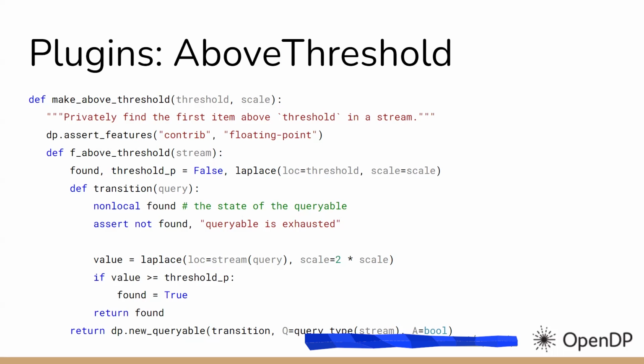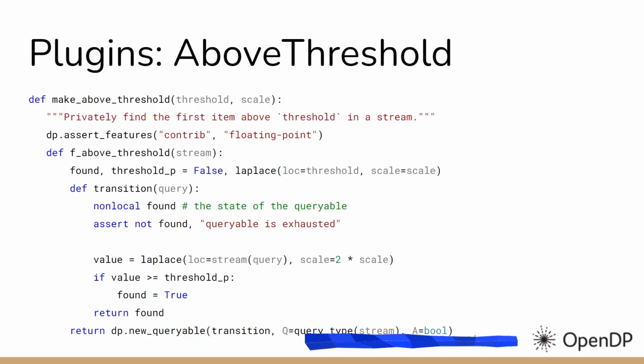So in this case, we're using the queryable to model a stream, and we're saying that each time you get a new entry in your stream, we'll noise it, check if it's above the noisy threshold. If the value is above the noisy threshold, then we're going to return true and terminate this queryable.